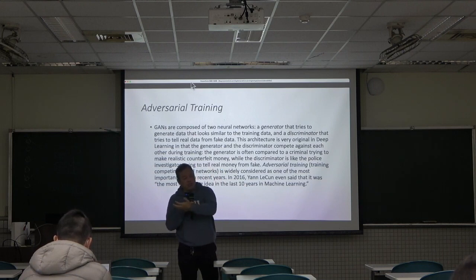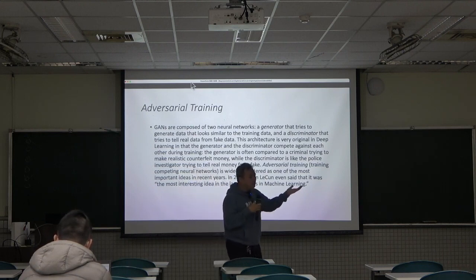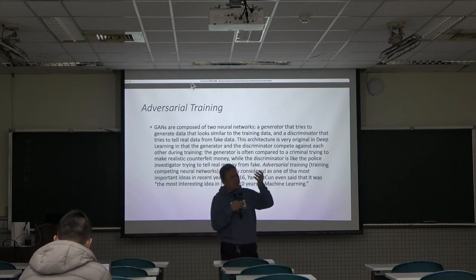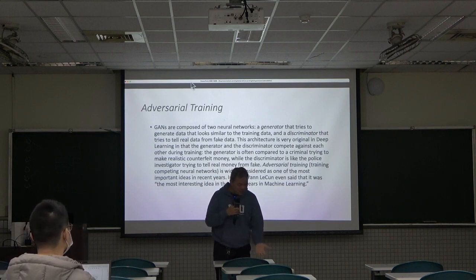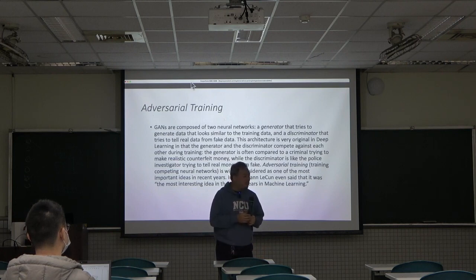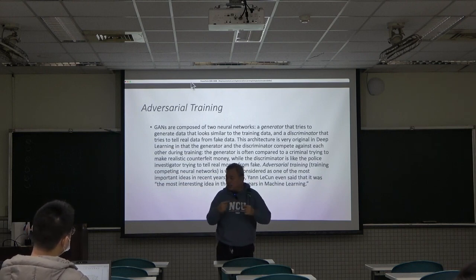And you can compare the discriminator to the police, who are trying to identify if this bill is fake or real. In Chinese we have a saying, 道高一尺，魔高一丈, right? So these two models are competing with each other.